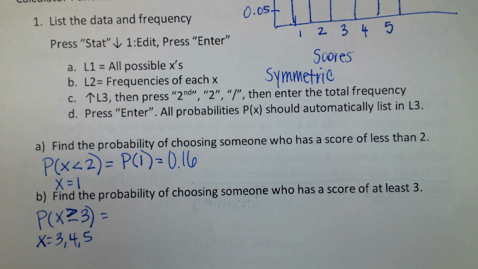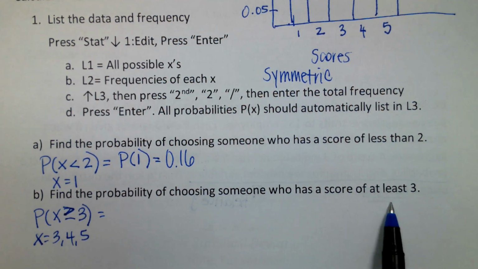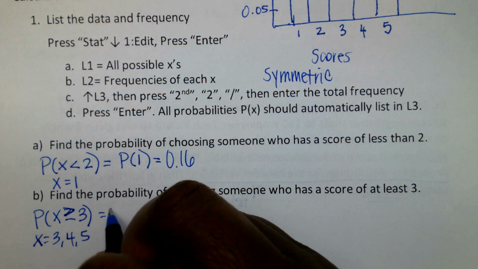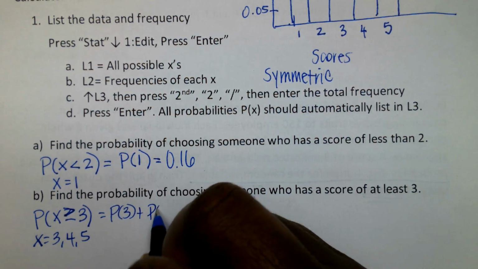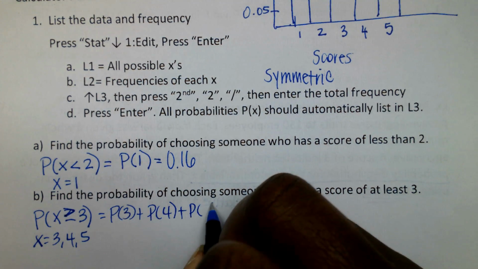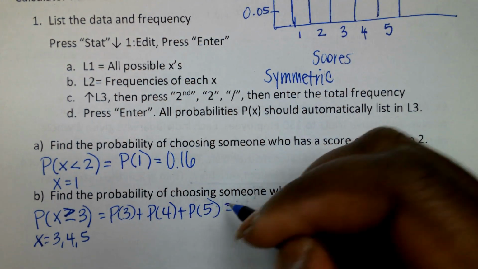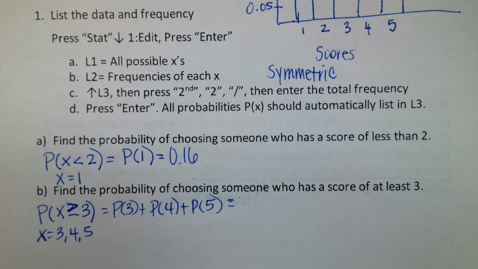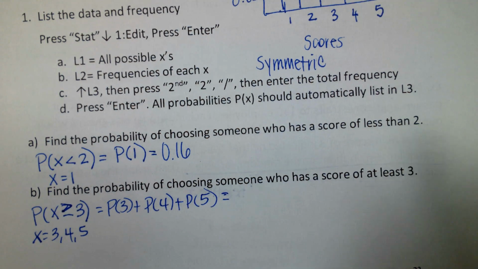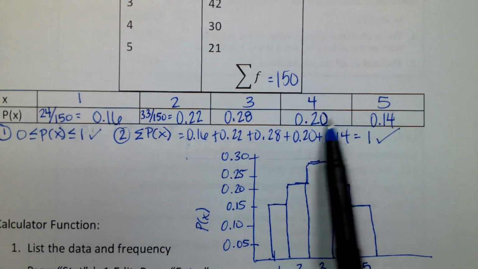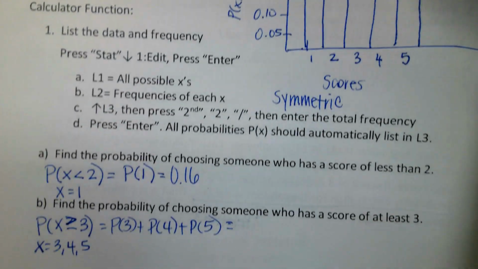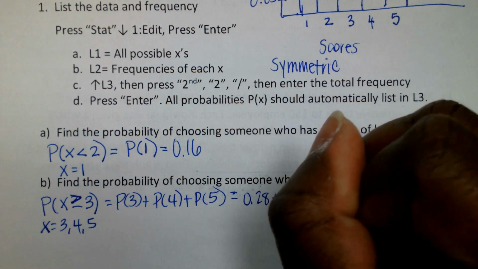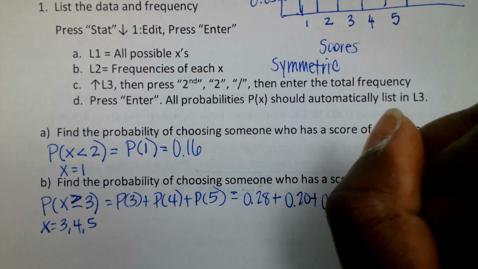I didn't include it there because 2 wasn't less than 2. But at least 3 is 3, 4, 5. So we're looking to add P3, P4, P5. So I'm going to take 0.28, 0.20, 0.14 and add those together, because that's P3, P4, P5.